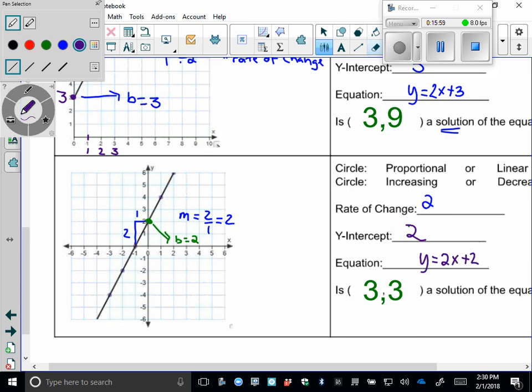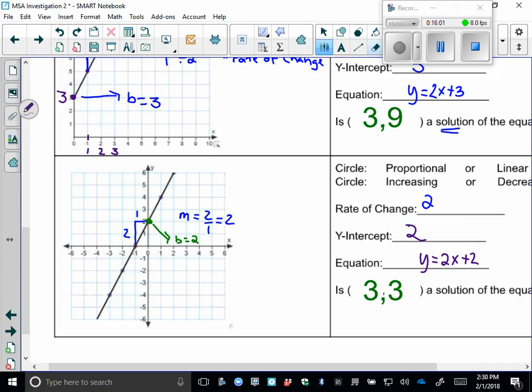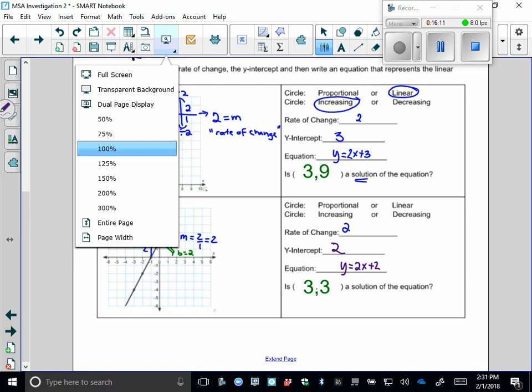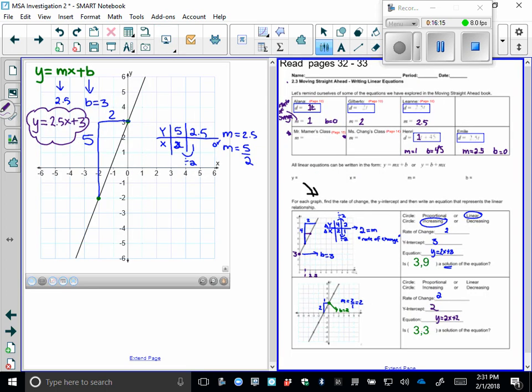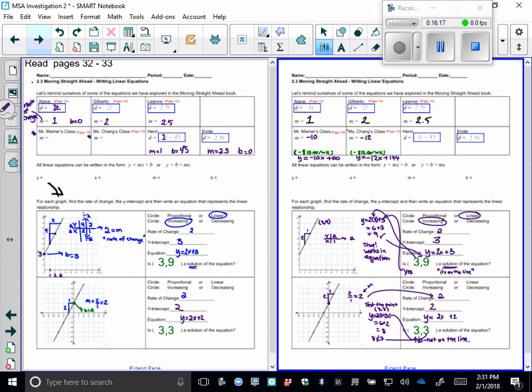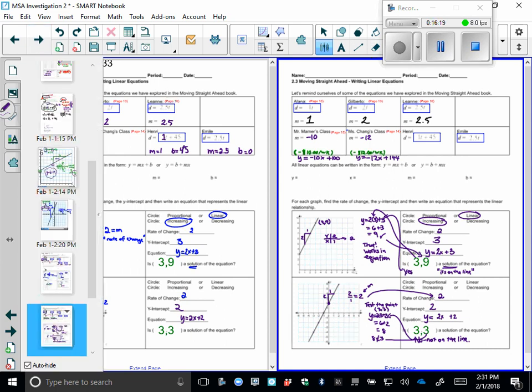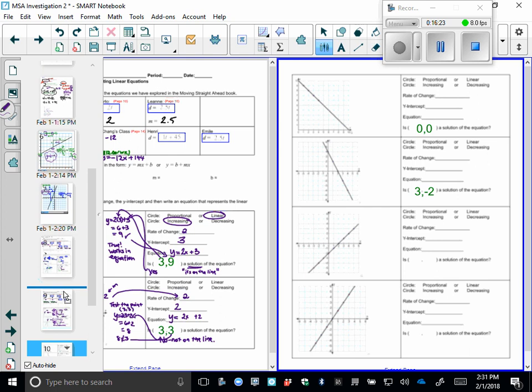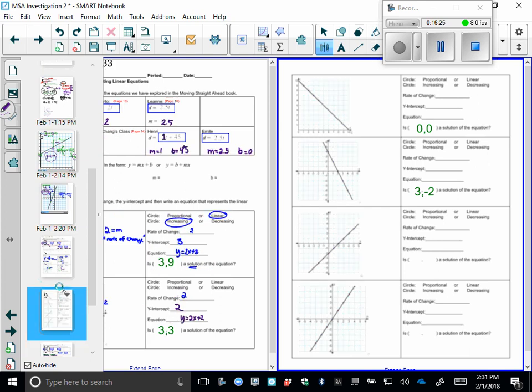Right. So walking around the room, these are the questions I saw were common. It's not always easy for people to tell increasing and decreasing at first because you need a little more examples. So like if I look at, let me bring this up, the next page, and compare them. See if it's going left to right downhill.